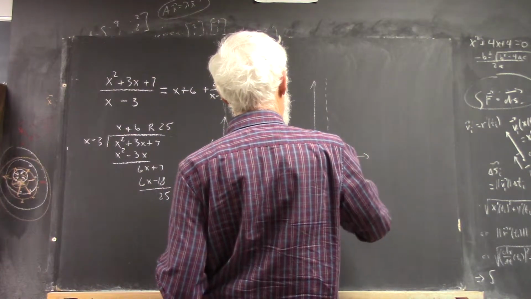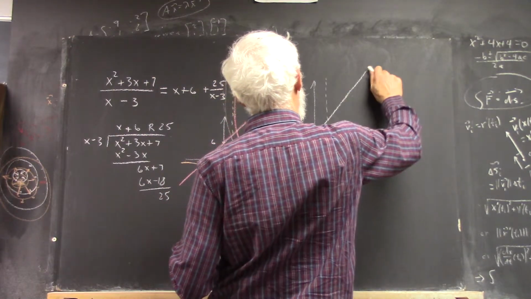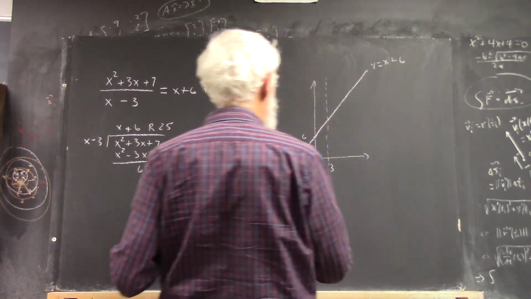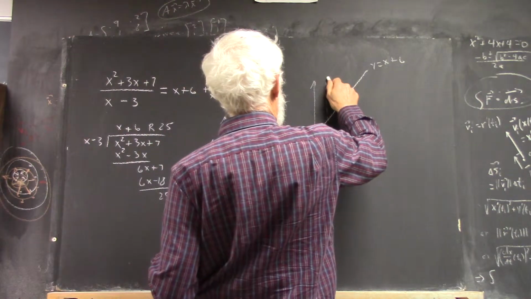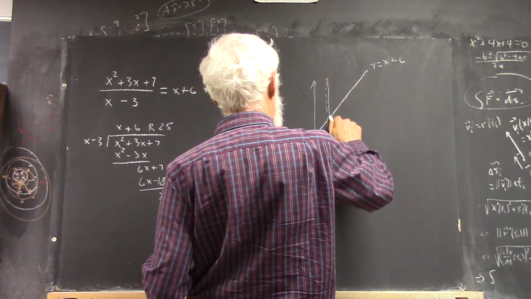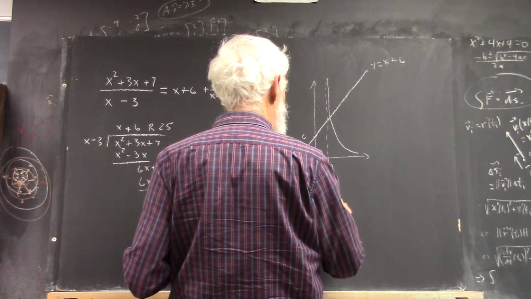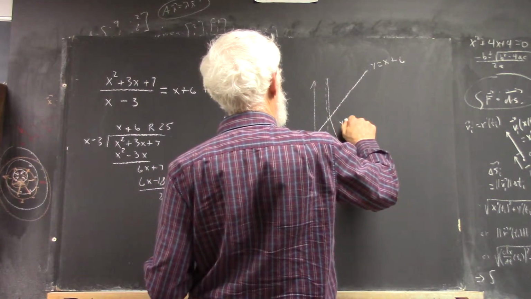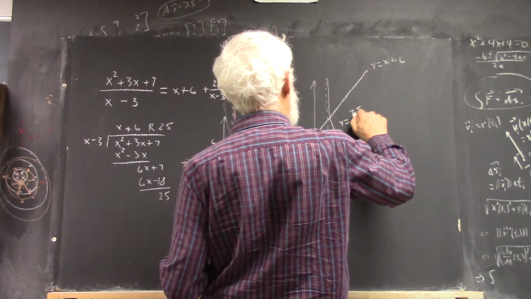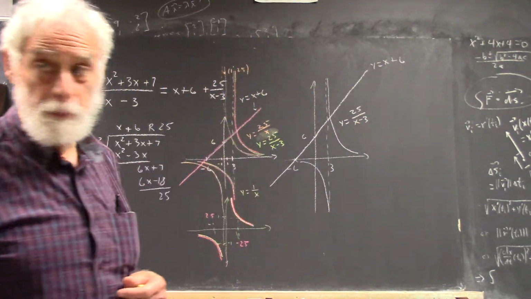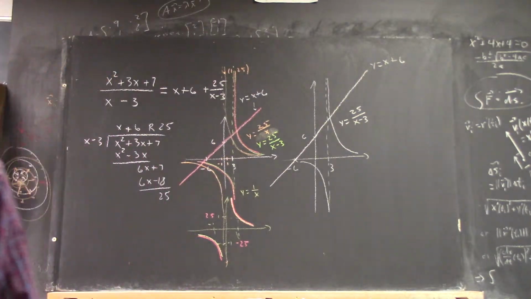And here's the graph of y equals x plus 6. And now here is a graph, at least that represents y equals 25 over x minus 3. Okay?